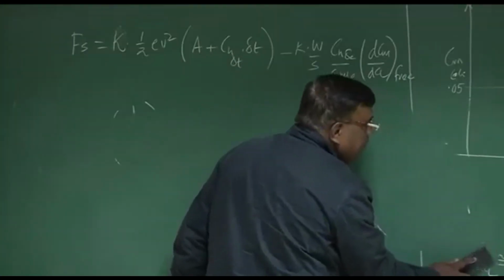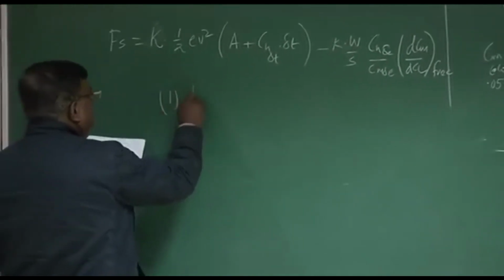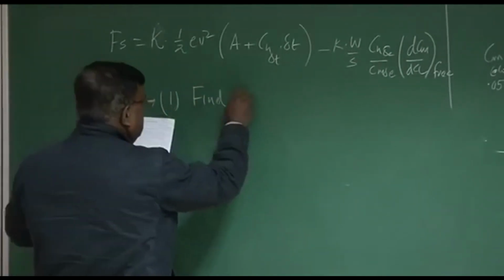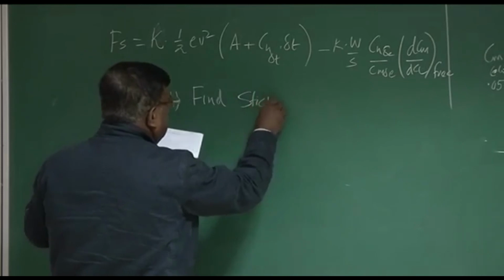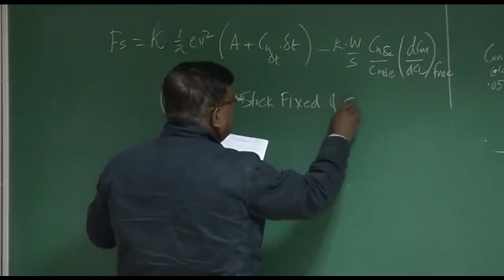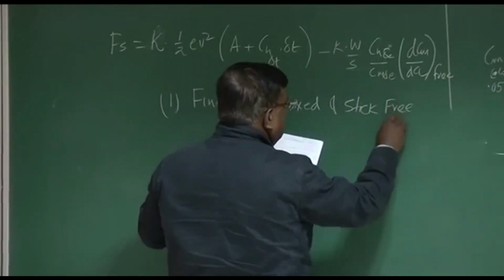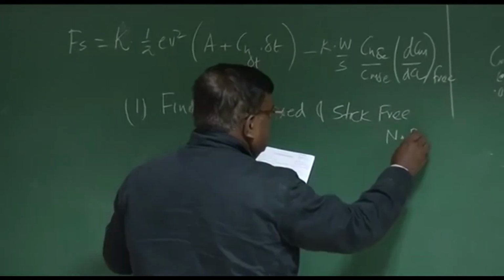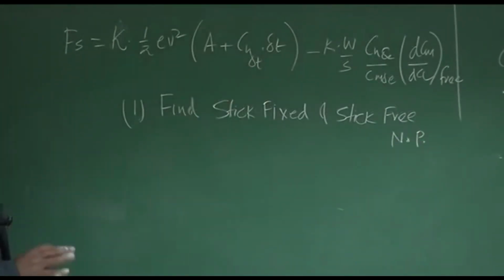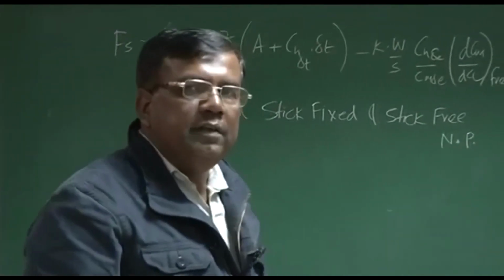Now we'll do the problem. Let me state the problems one by one and then calculate. First question: find the stick fixed and stick free neutral point. You see, after studying the problem and getting the interpretation of the numbers, how simple is this problem?